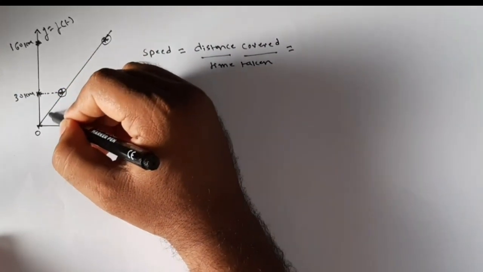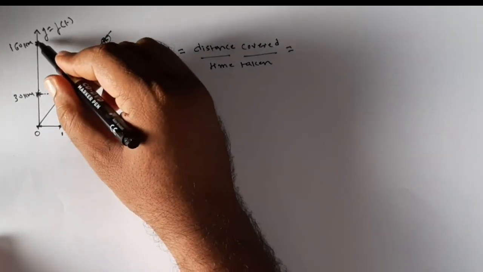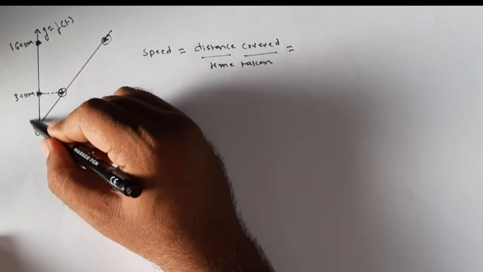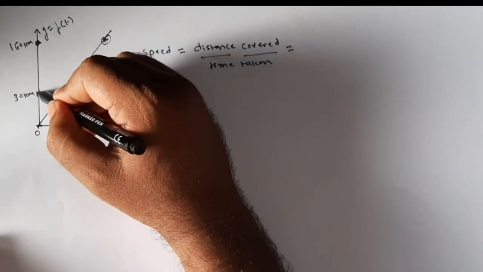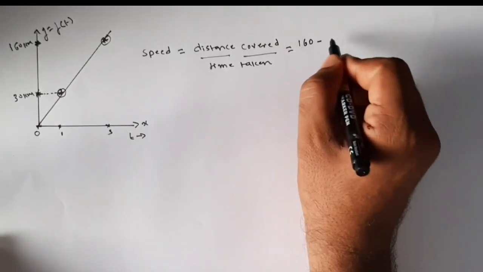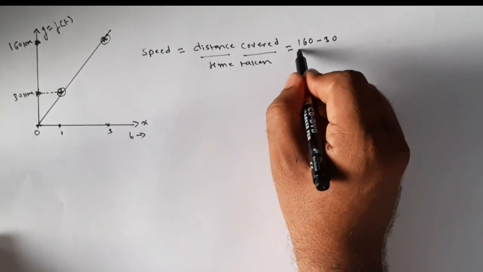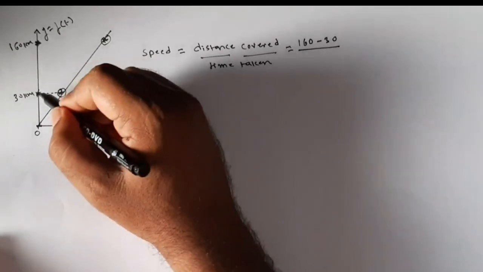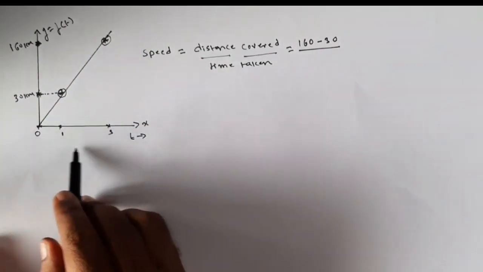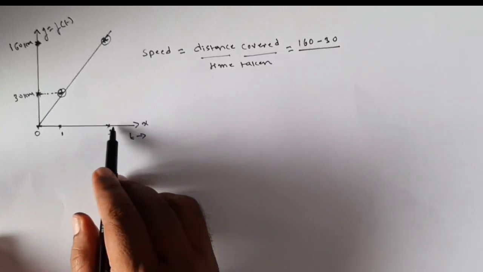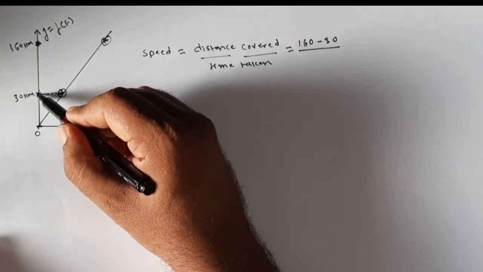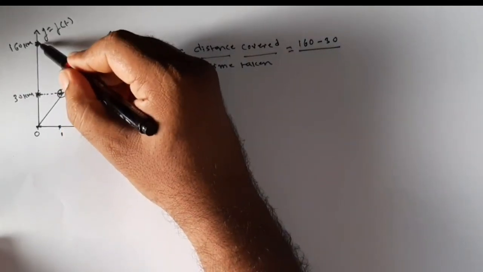The total distance is 160. If you subtract 30 km from this 160, then you will get the distance from here to here. So that is 160 minus 30, divided by the time taken to cover this distance. The total time is 3 hours. From this 3 hours, if you subtract 1 hour, because in 1 hour we covered 30 km, the remaining 2 hours we covered this distance.